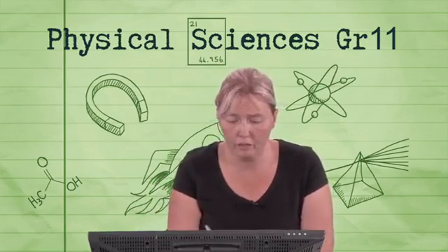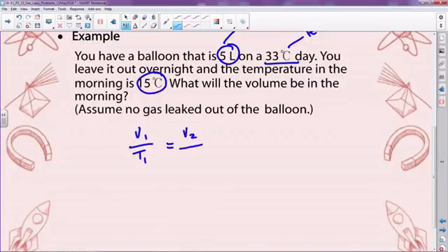So V1 over T1 equals V2 over T2. Okay, now remember that when it comes to volume, again, this doesn't really matter. You can use any unit, as long as it's the same units on both sides. So we're going to leave it in liters. Okay, so my first volume is going to be 5 liters.